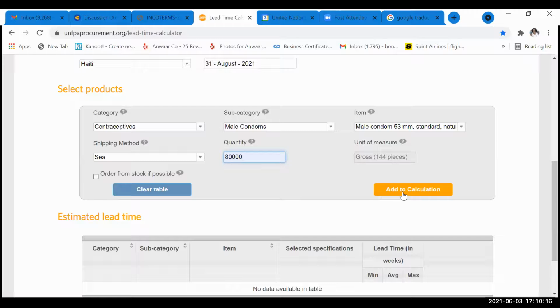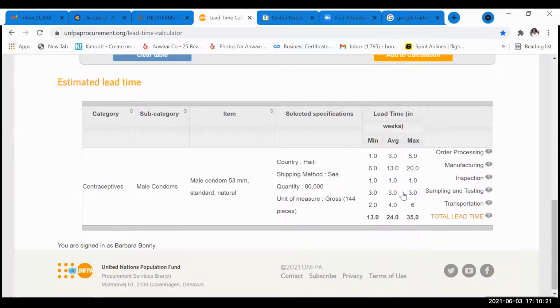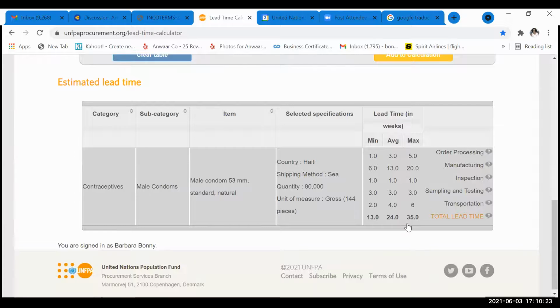So I will add to the calculation for the condoms, and you will see that the lead time is 35 weeks max. But usually it might take longer, since sometimes we have problems with customs. So it might take longer for the product to be delivered to the facilities.